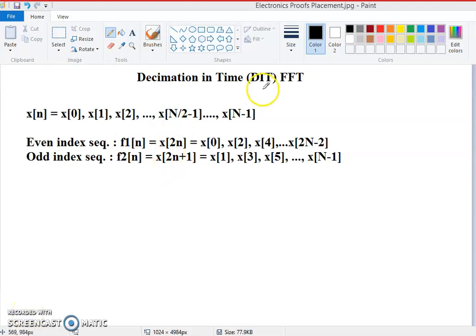So in decimation in time FFT, a given sequence is divided into an even index sequence f1[n] containing the even index terms, and an odd index sequence f2[n] containing the odd index terms.